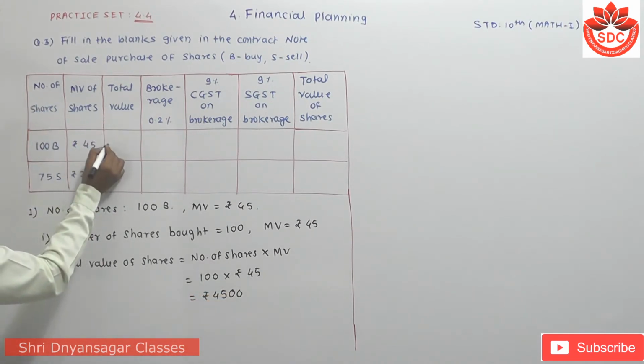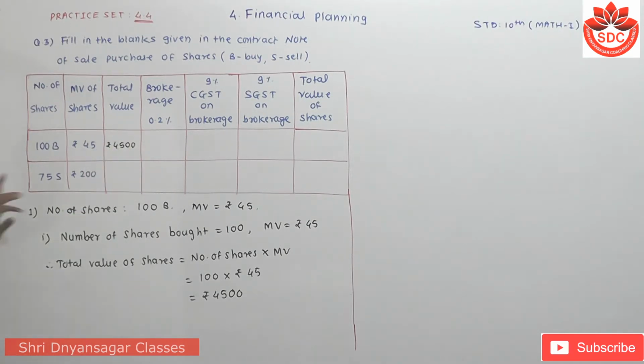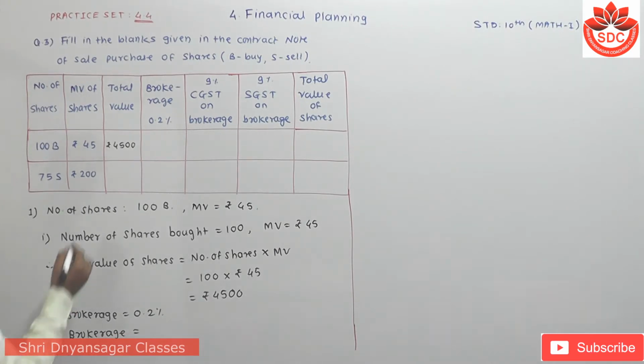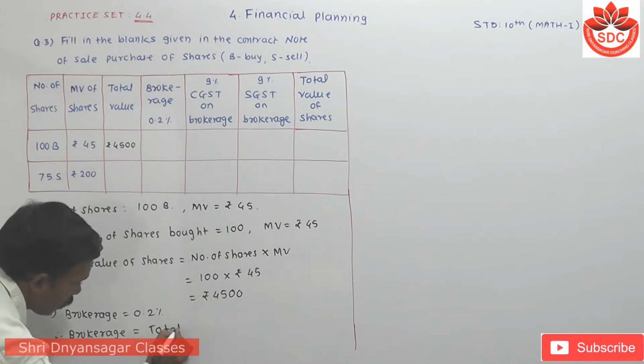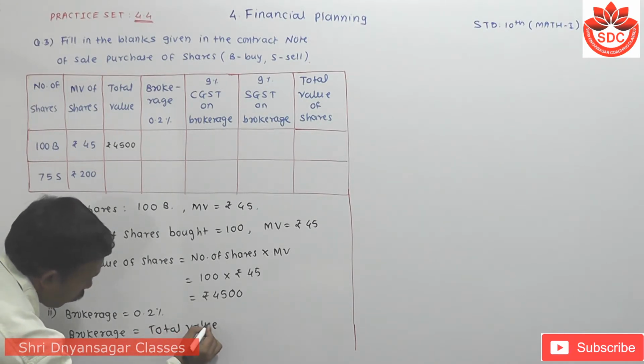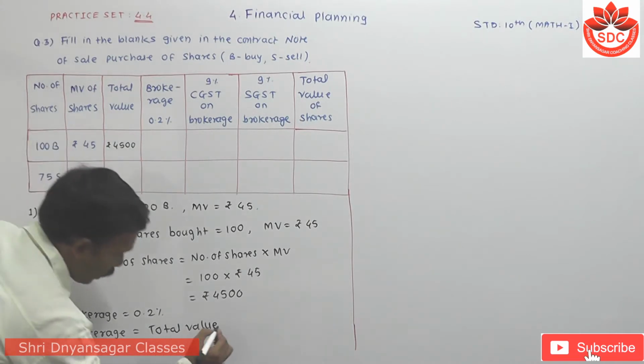So our first point here is rupees 4,500. Now we have to find the brokerage. Second, brokerage is 0.2%. Therefore, brokerage is equal to total value into rate of brokerage.